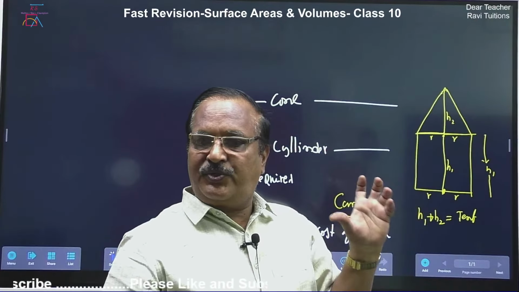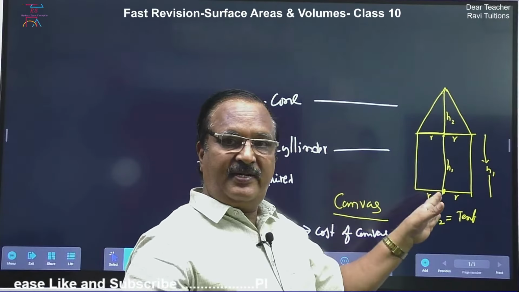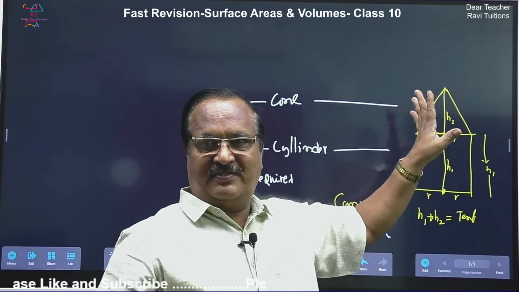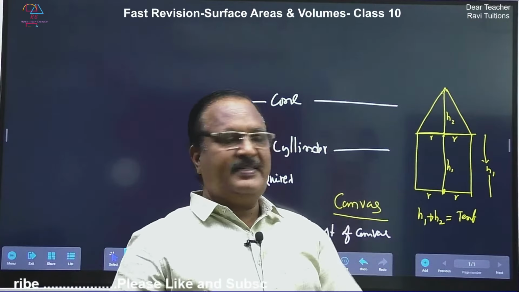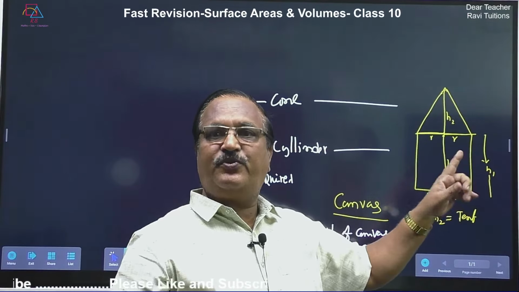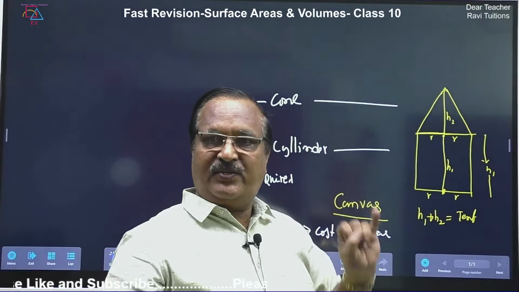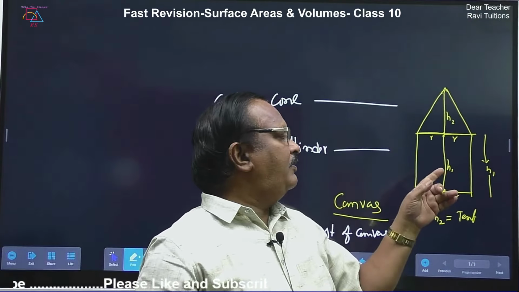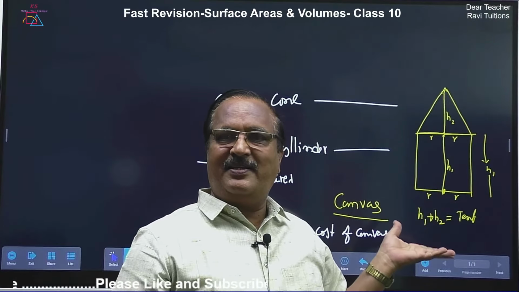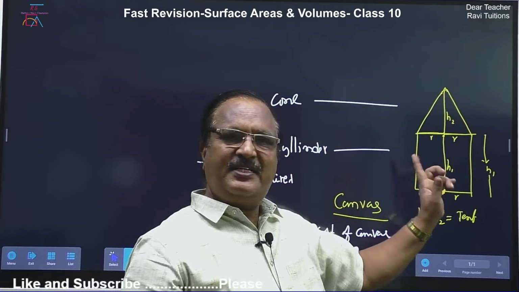You should understand what is the height of the cylindrical portion and what is the height of the conical portion. So there are two heights. Differentiate both the heights, otherwise you will get confused. So use H1 and H2. Don't write HC because both are C, cylinder C, cone C. So H1 is better.